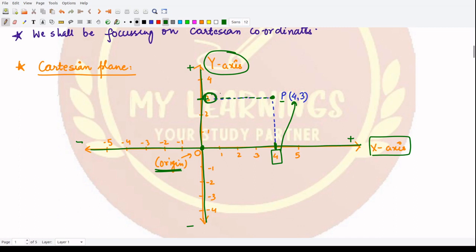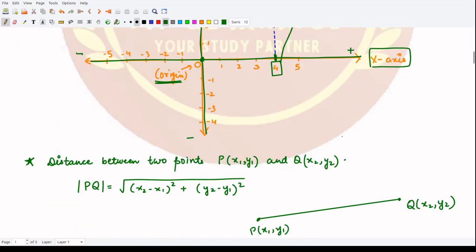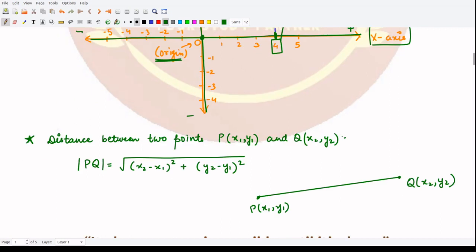This point is 3, so you mark this as y. So you write the point x and y, representing the distance along the x direction and the distance along the y direction, correct?